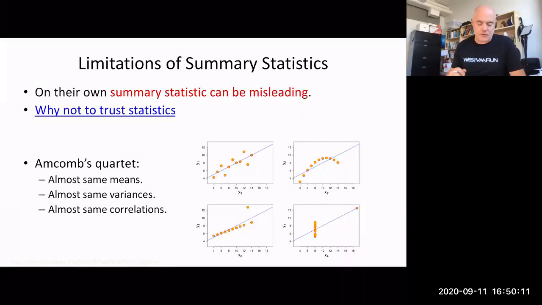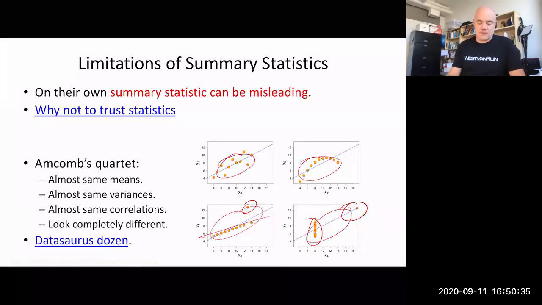So this is Anscombe's quartet. If you look at this data right here and compute the means, variances, and the correlations, they all are basically the same. But if you were to run a machine learning model having looked at the data beforehand, you might recognize that there are outliers in these particular data sets, and you might change your model rather dramatically, given the insights that you get from looking at the data rather than summary statistics.